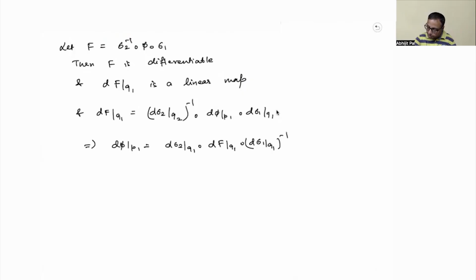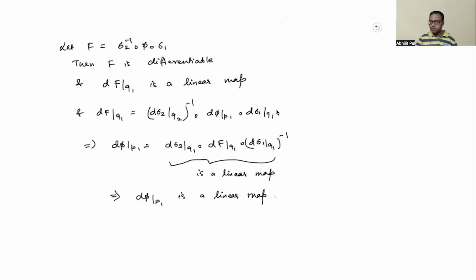The right hand side here is a composition of linear maps, so it is a linear map. This implies that D phi at P1 is a linear map. So that is the thing we want to show.